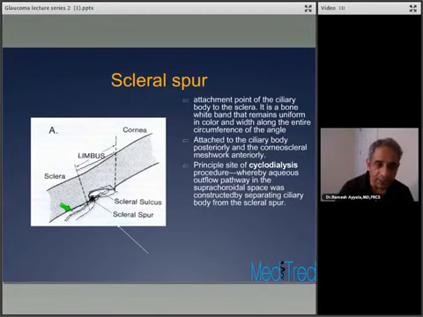Here is the ciliary body, here will be the scleral spur, and the potential space between the sclera and the ciliary body is the supraciliary space. So if you disinsert the ciliary body from the scleral spur, you can access the supraciliary space from the anterior chamber. And that's how insertion of small tubes, stents, into this area will access the supraciliary space and control the pressure.